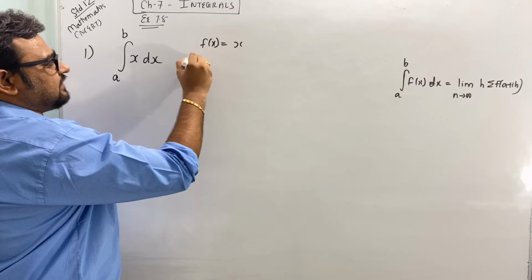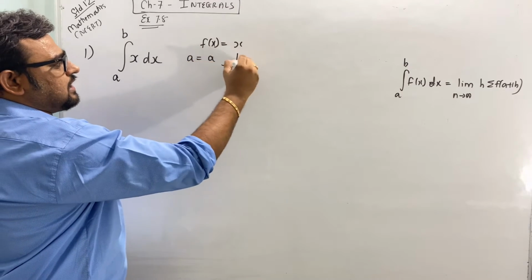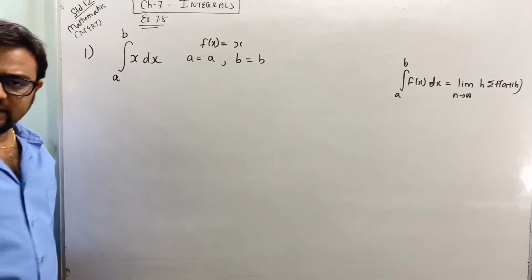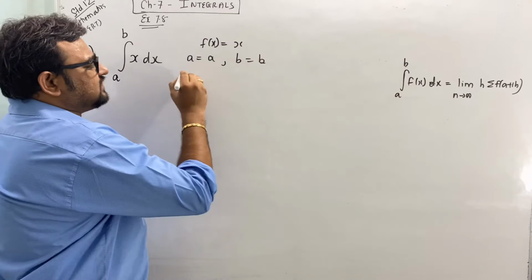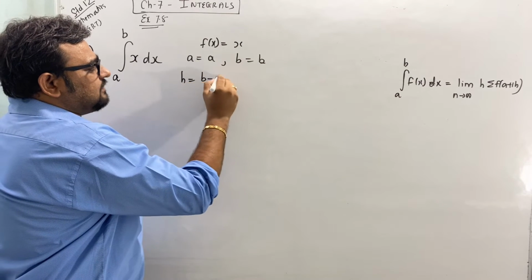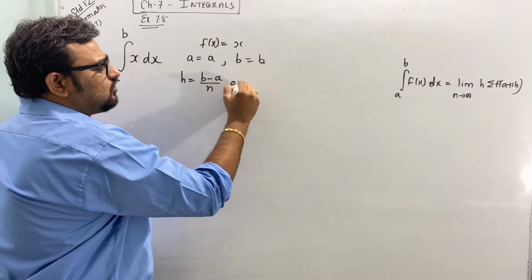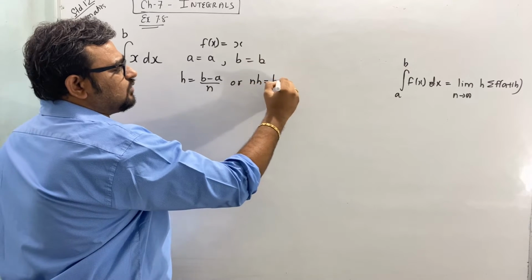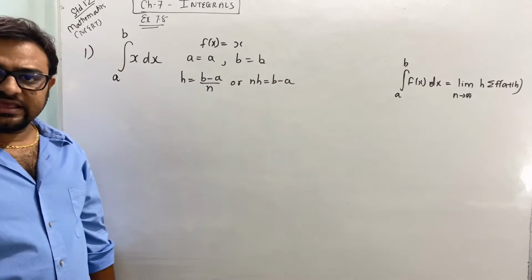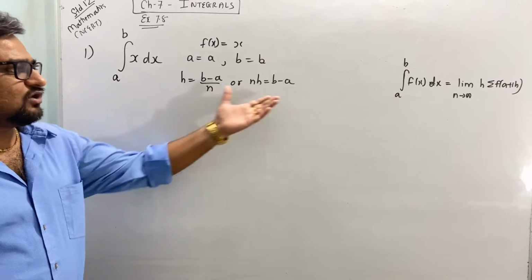What are a and b? a is equal to a and b is equal to b. Now what is h? h is equal to (b minus a) by n, or nh equal to b minus a. Accordingly we will use any one of these.